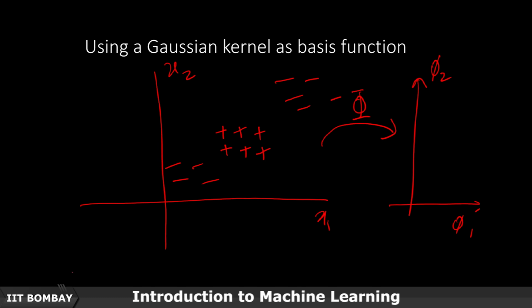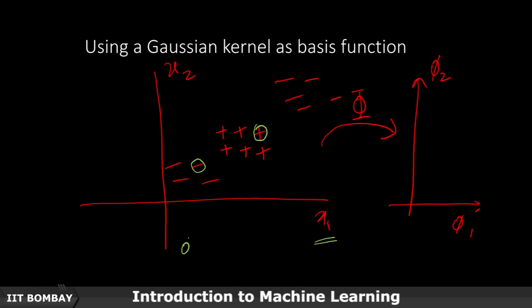One way of doing that would be that we will define a radial basis function. So what is a radial basis function? So let's say we take this particular sample and we take this particular sample, and for this sample let's call this x1, not to be confused with the dimension x1, but let's say it is point x1.